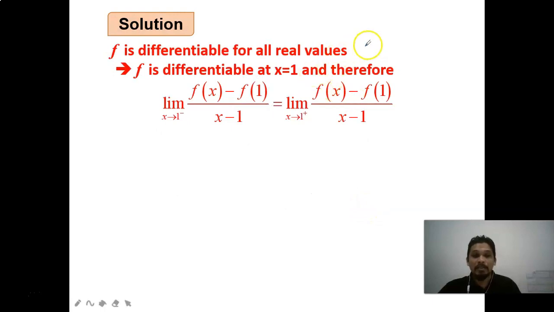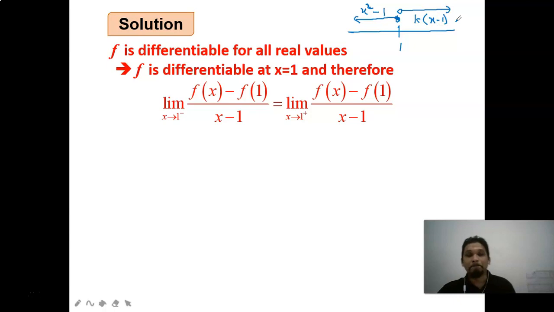Okay, so now the number line where x equal to 1: the first, x less than or equal to 1, is for the function of x squared minus 1, and for x greater than 1 is for function of k times x minus 1.